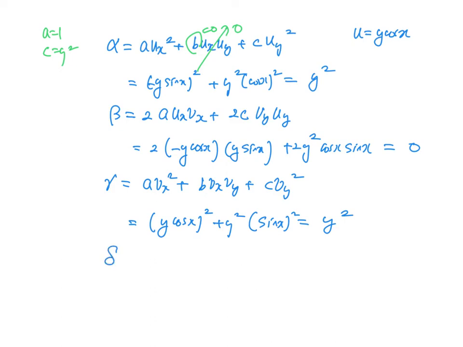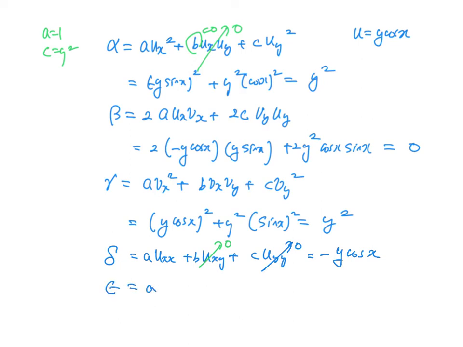Delta is A u_xx plus B u_xy plus C u_yy. This is 0. u_yy is 0, right? If we differentiate twice, it is 0. So if we differentiate twice, we have minus y cosine x, right?